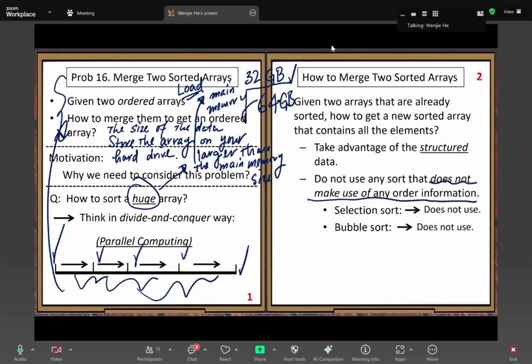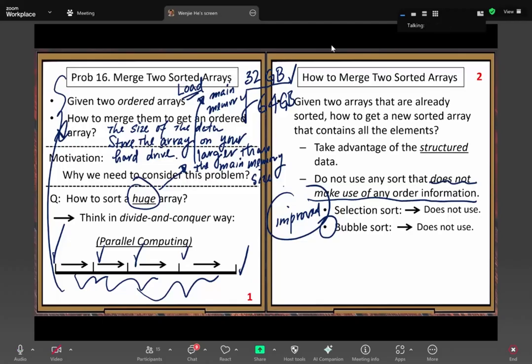But bubble sort is slightly different from the selection sort. The bubble sort in our textbook has an improved version. The idea is very simple. Every time you do one round of processing, you use a counter variable to count the number of swaps.